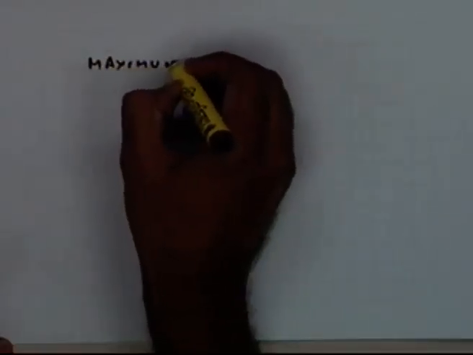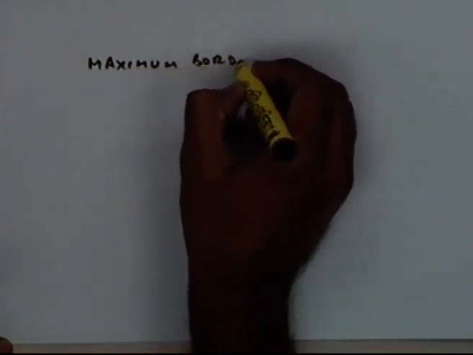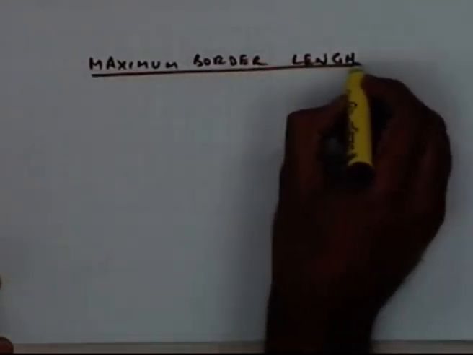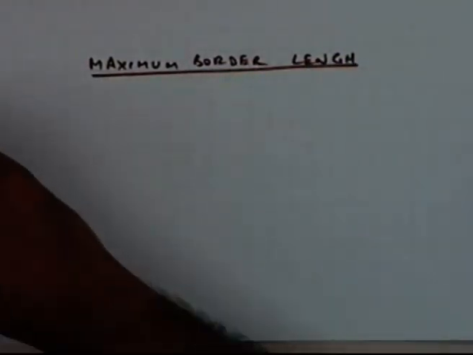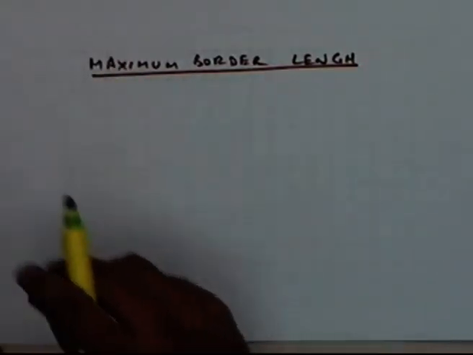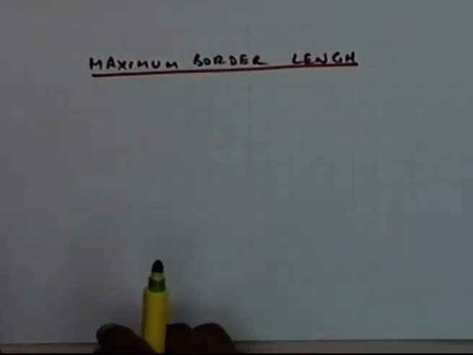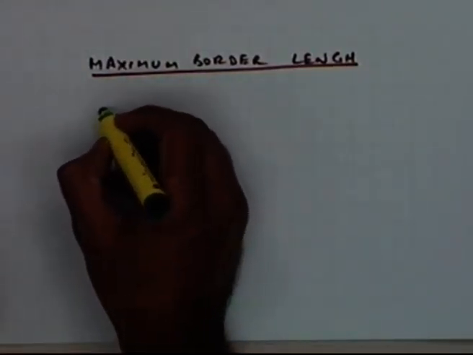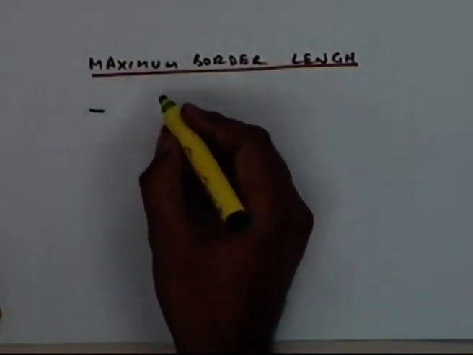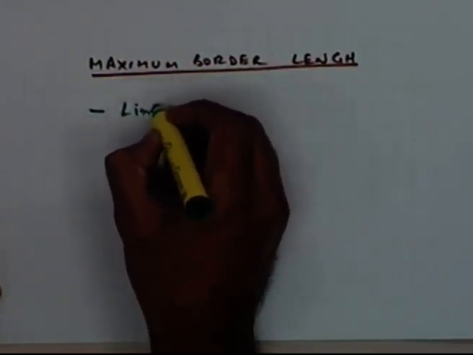Let's come to the border length. The maximum border length is usually limited by the maximum unit inflow rate.